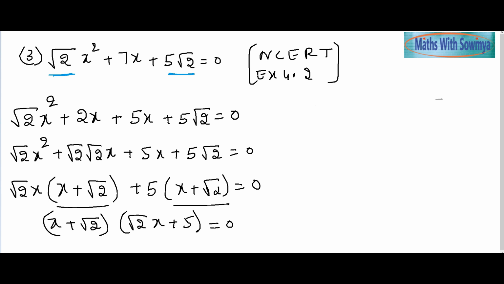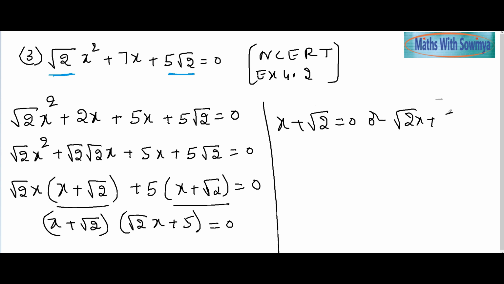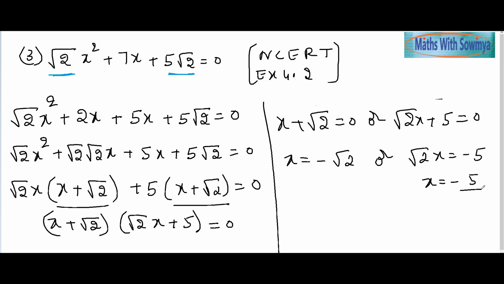So obviously we can write x plus root 2 will be 0 or root 2x plus 5 must be 0. So this is x is minus root 2, or here you will get root 2 x is minus 5 and x is minus 5 by root 2. So therefore the value of x is equal to minus root 2 or x is minus 5 by root 2.